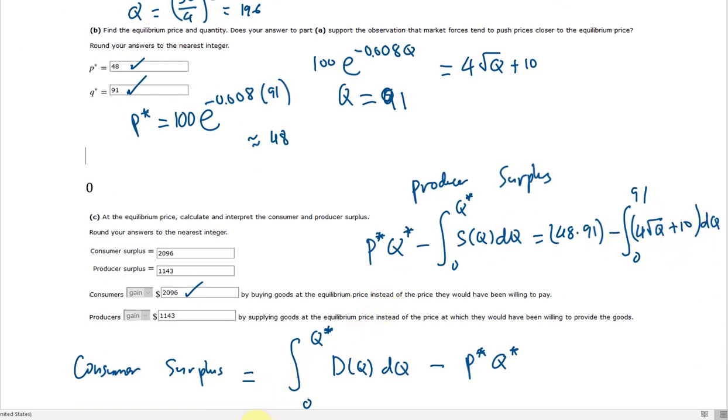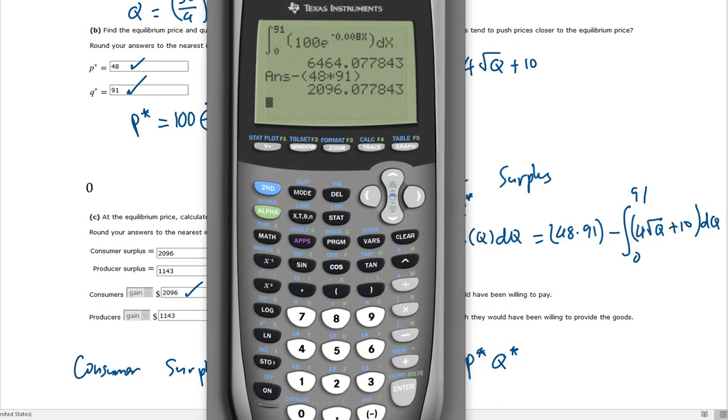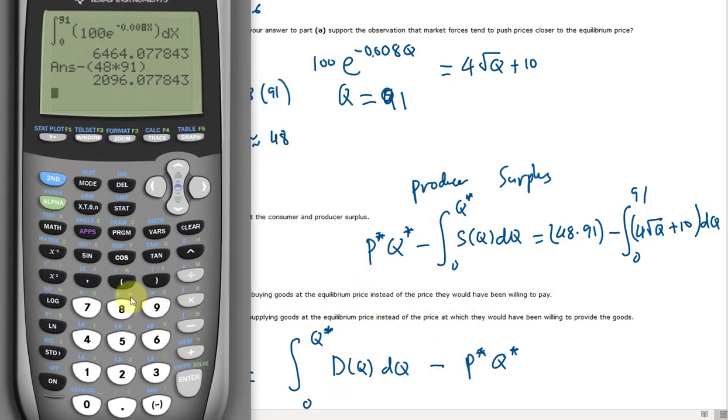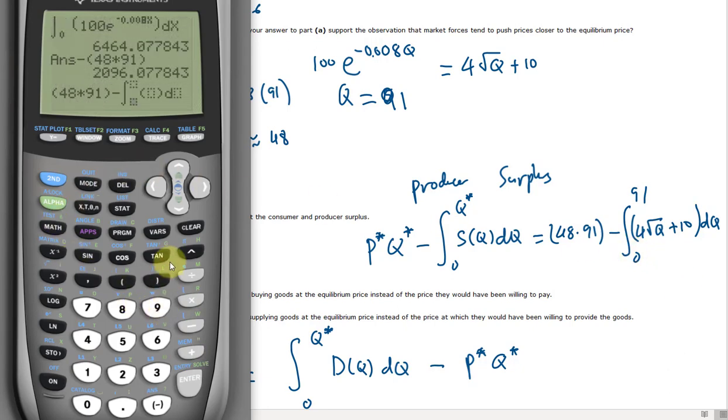So now let's see what we get here. Okay, we have 48 multiplied by 91. Subtract the integral. So math 9, integral from 0 to 91, 4 square root of Q, that's x, and then plus 10, and then close that, and then dx.